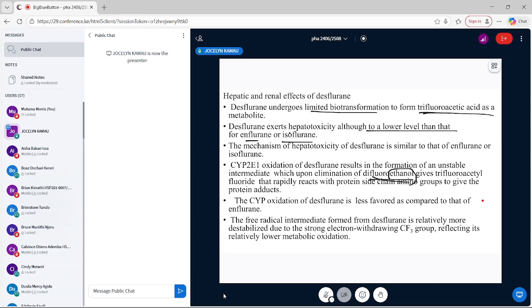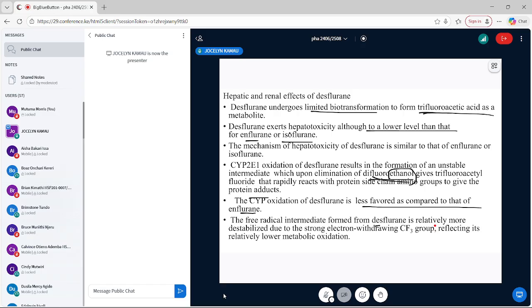The cytochrome oxidation of desflurane is less favored as compared to that of enflurane. And that is what is most important, because we are saying desflurane is more stable. And this stability is because of the structure. When you look at the structure of desflurane, one of the substituents is a trifluoromethane group, and that is what is giving it stability.